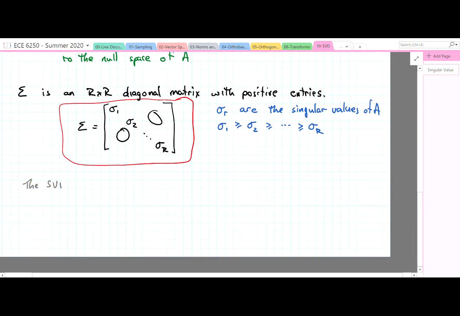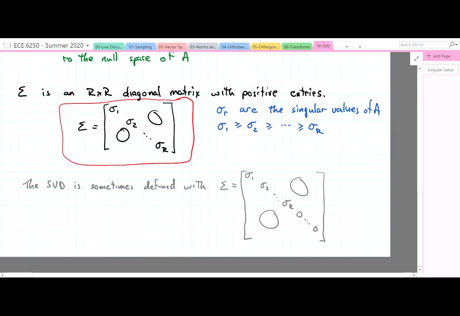So the SVD is sometimes defined with sigma equal to sigma_1, sigma_2, up to sigma_r, followed by zeros. We'll talk about this later.